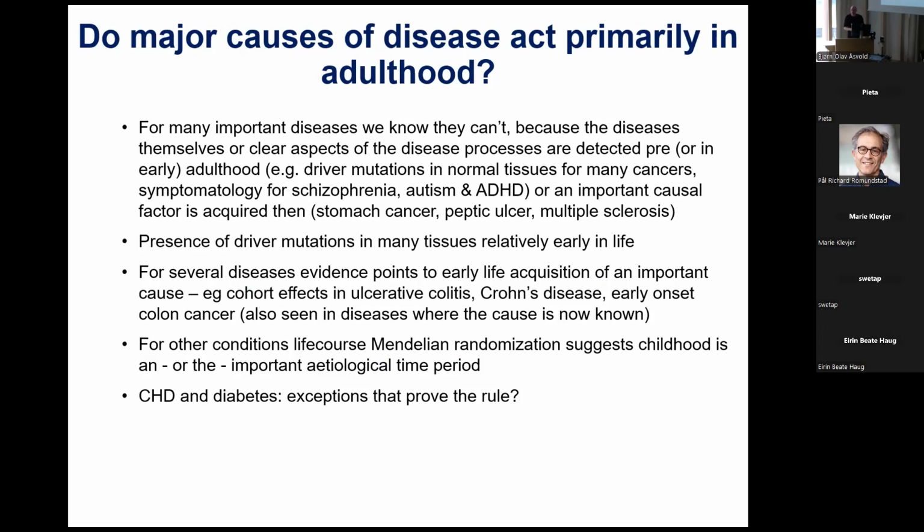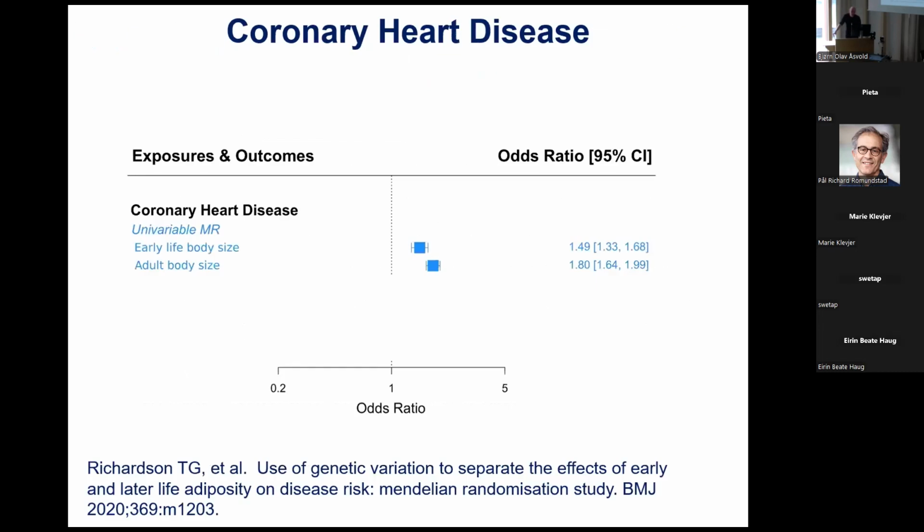Maybe CHD, lung cancer, and type 2 diabetes are exceptions. They are the conditions that were largely dependent on things happening in adulthood and things that were then reversible in adulthood. And this brought the focus for epidemiology in general onto that point in the life course.